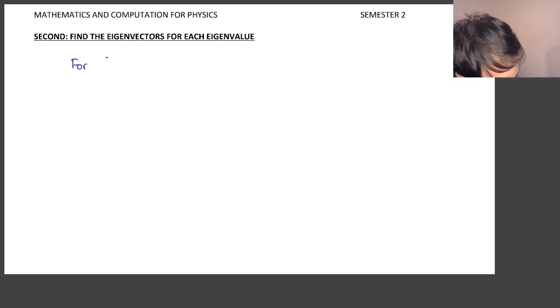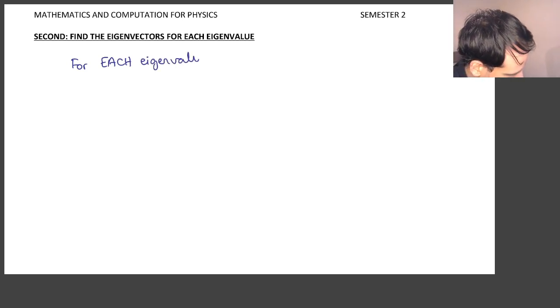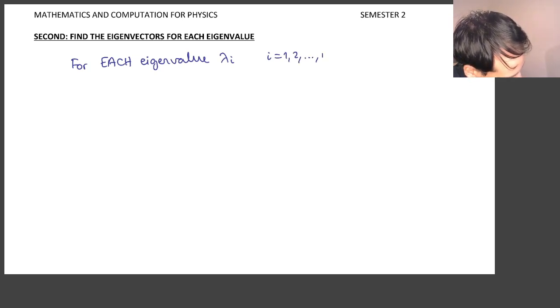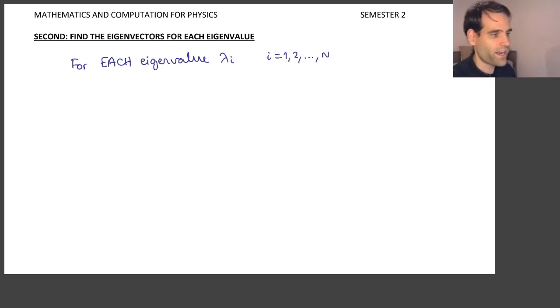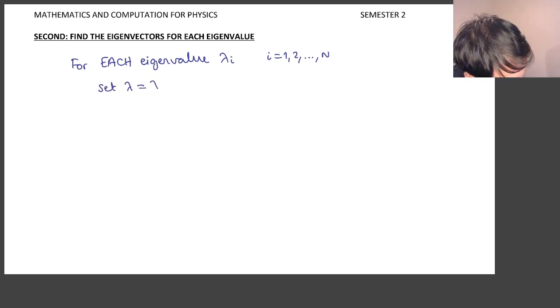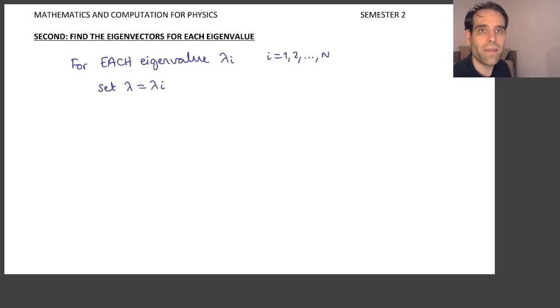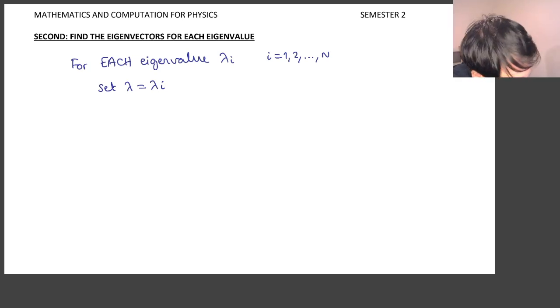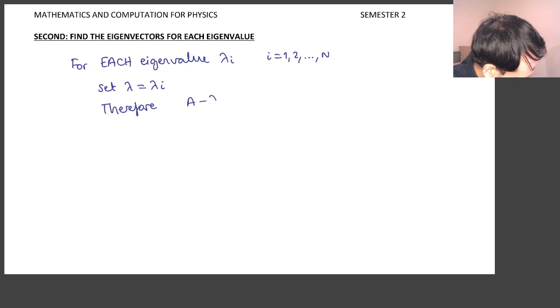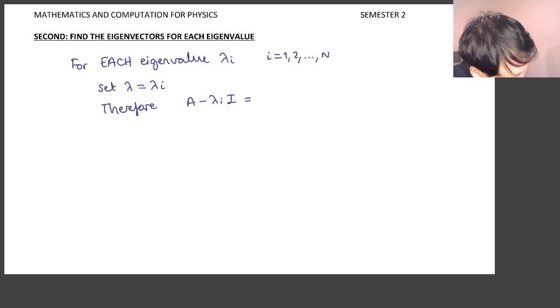For each eigenvalue lambda I, so we have to repeat this n times, okay? For each of the eigenvalues, we set lambda equals lambda I. So we now have a matrix A minus lambda I times I. And therefore, A minus lambda I times I, times V equals 0.